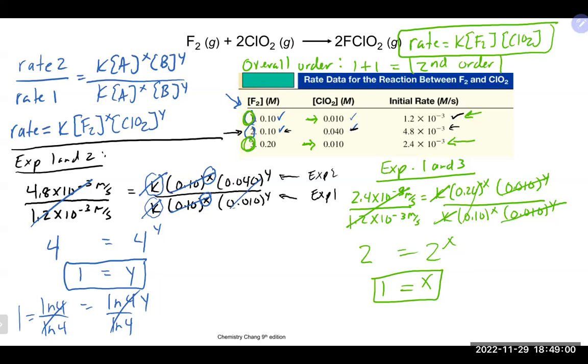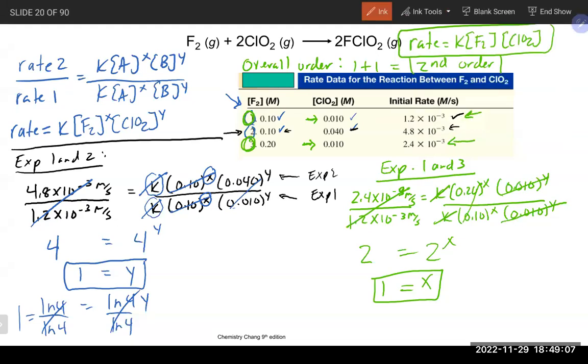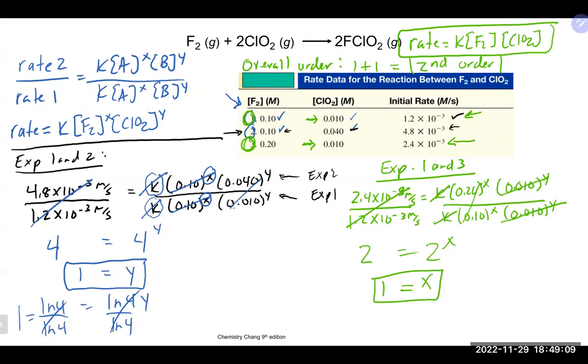Now, once we have the completed rate law with the actual orders, we then could find the value of the rate constant. To find the value of the rate constant, we could choose any one of the entries in this table and just put the information in and solve for K. So if I take my rate law, which is up here, and solve for K, the rate constant would equal the rate divided by F2 and ClO2.